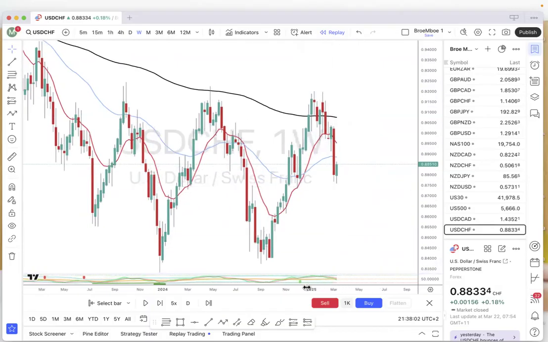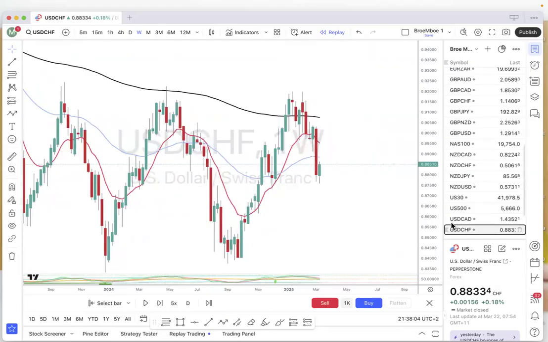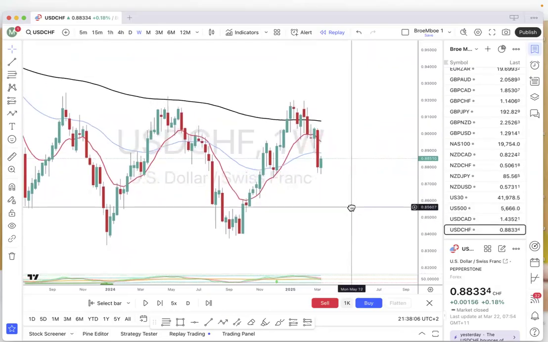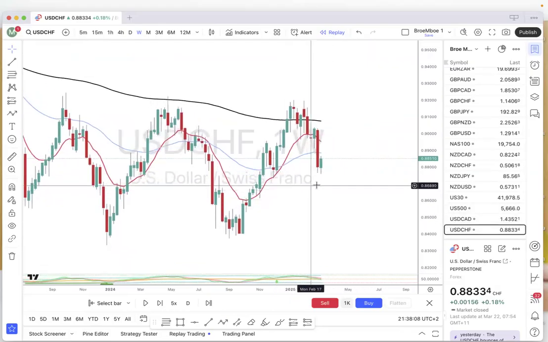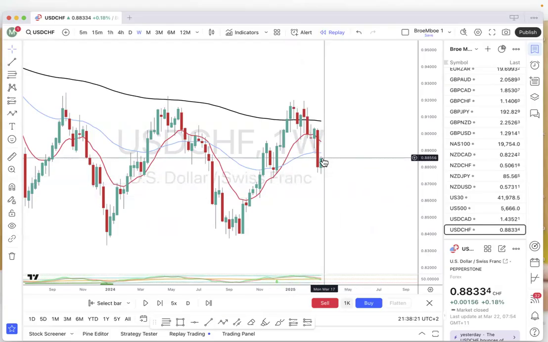So what really struck me was that we were in an area where I would have expected the market to make not just a reversal, but a reaction.